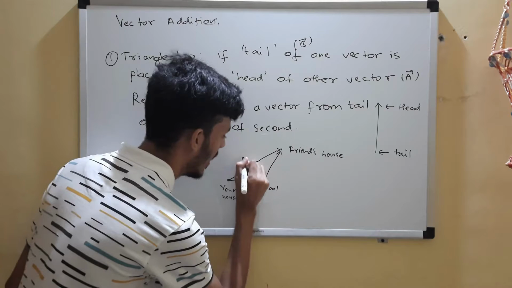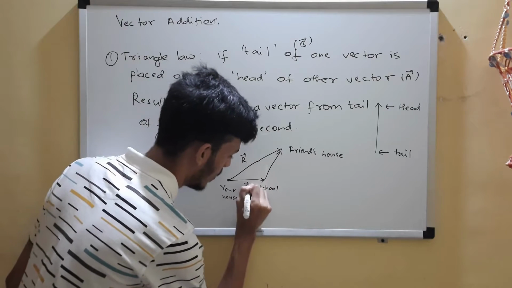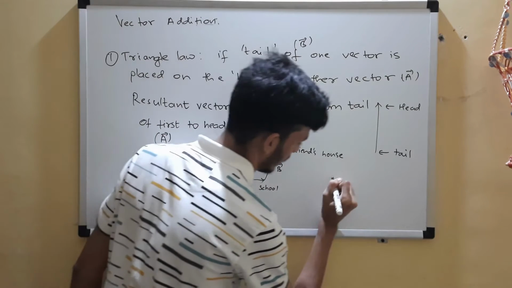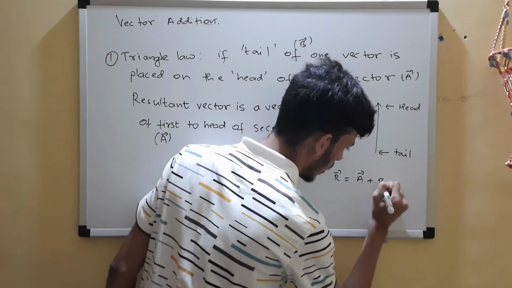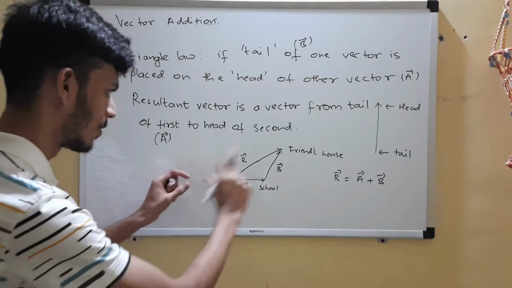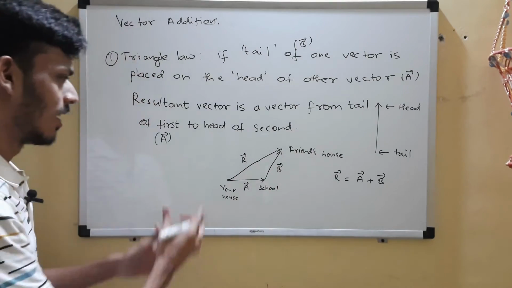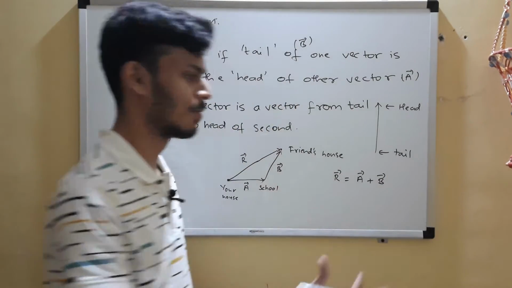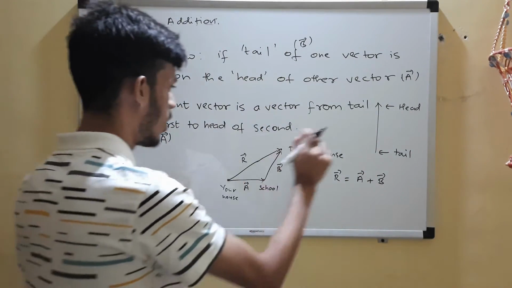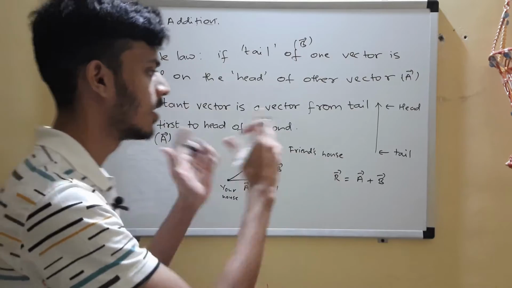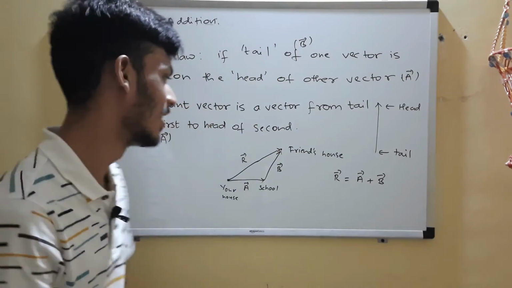If I had to write that in vector notation, you can see that R vector is A vector plus B vector. So this is the triangle law. It is not that complicated. You can use this simple analogy, because in either case you reach the party. That is the main point.